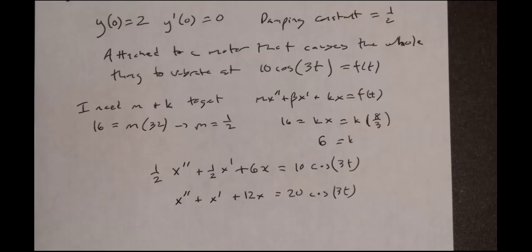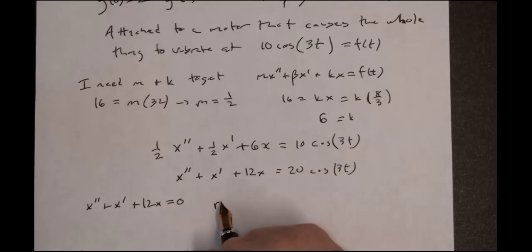But now I need to solve the homogeneous one first, and then I need to deal with the cosine 3t part. So I need to start with x double prime plus x prime plus 12x equals 0 and solve that.